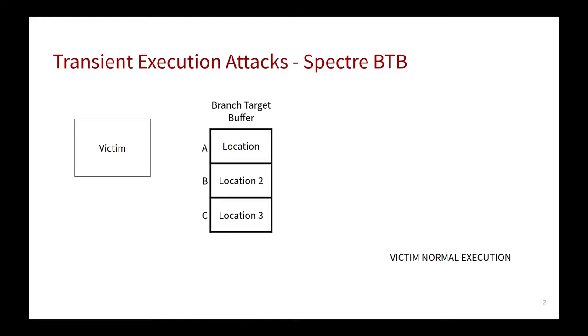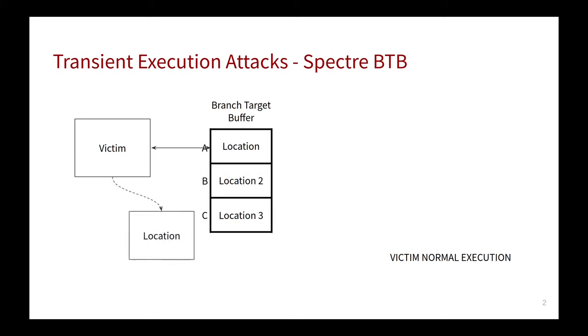So if we assume that the victim encounters one of those instructions, what is going to happen is that instead of waiting for the real target to be loaded from memory, the CPU that's running the victim is going to query the branch target buffer and get a possible target.